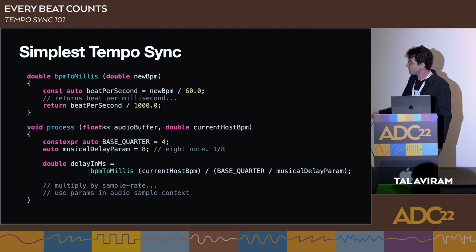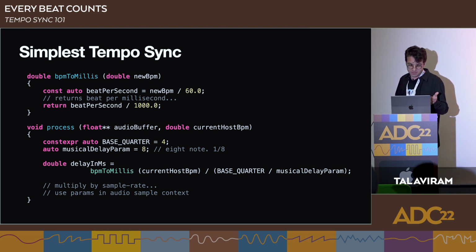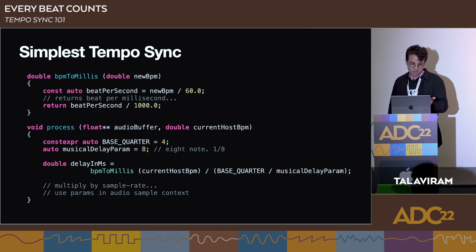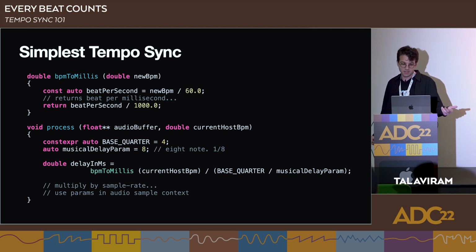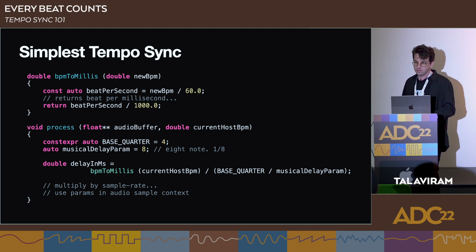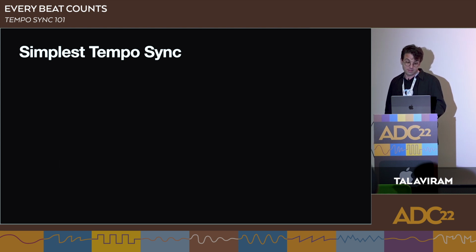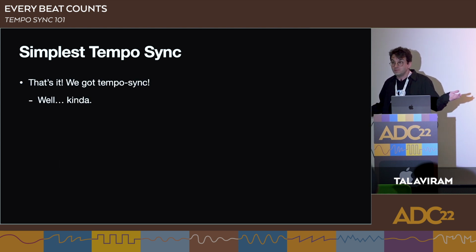So we need to get this number into our sample time. Here we simply convert from the BPM, the beats per minute, to seconds, then to milliseconds, and then we multiply it by the sample rate, and we get how many samples the delay should be. So yeah, we've got tempo sync.